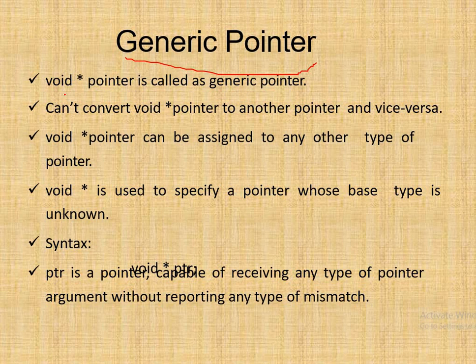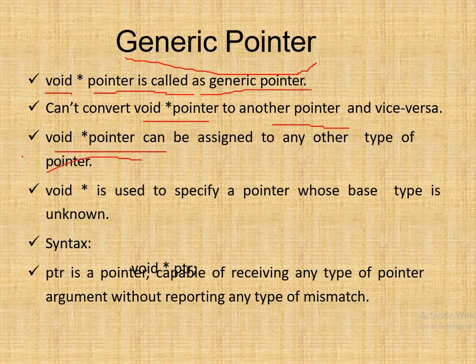So the void pointer is called a generic pointer. There is no need of conversion. In a void pointer we can store any pointer value or any address. A void pointer can be assigned to any other type of pointers also.